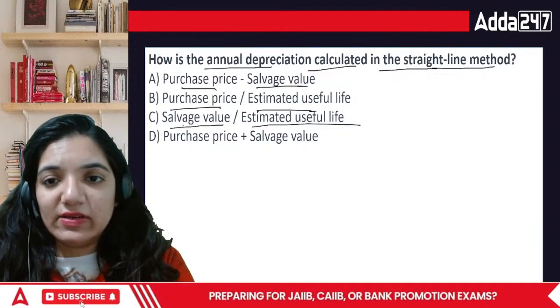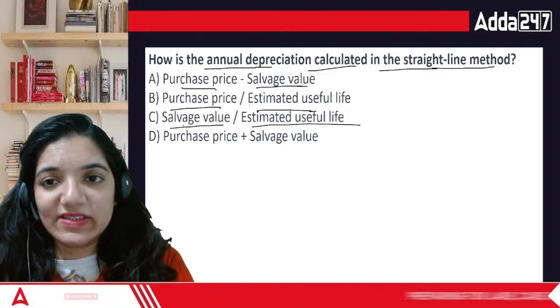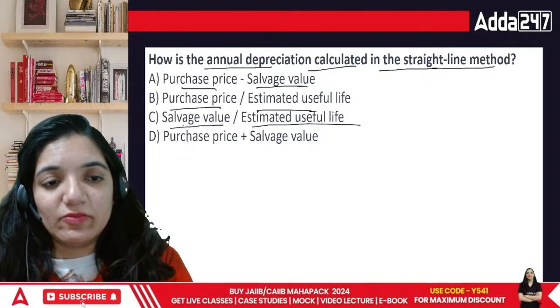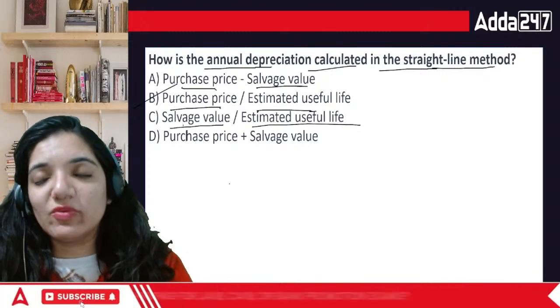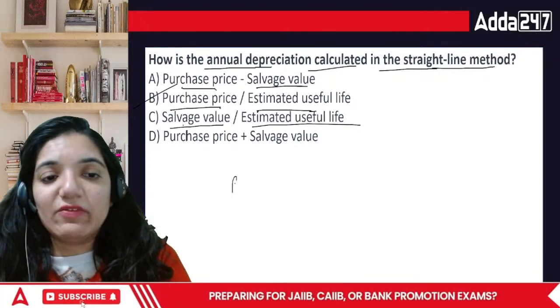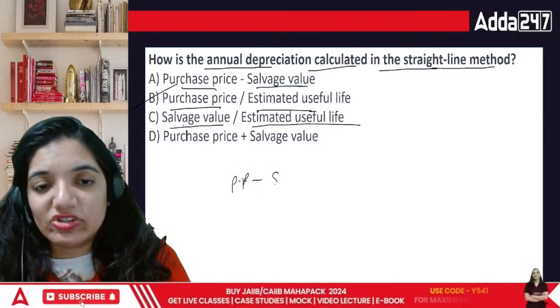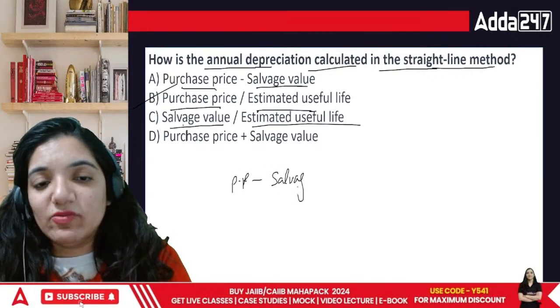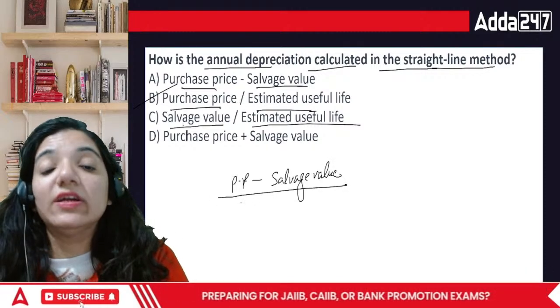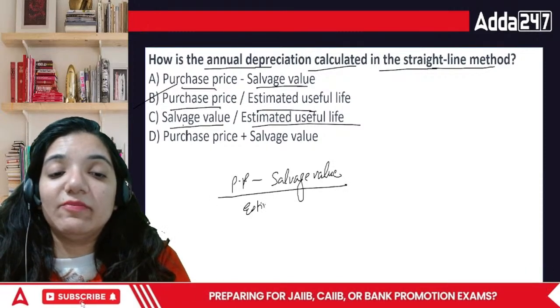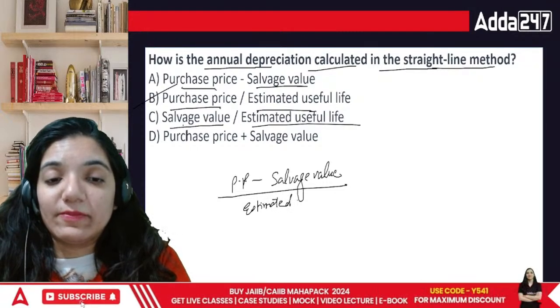It is actually whatever your purchase price is under straight line method, B would be the answer, but normally there is one more point there. Whatever your purchase price is minus your salvage value, if there is one, then you consider it. If it is nil, then obviously this turns out to be 0 divided by the estimated life.